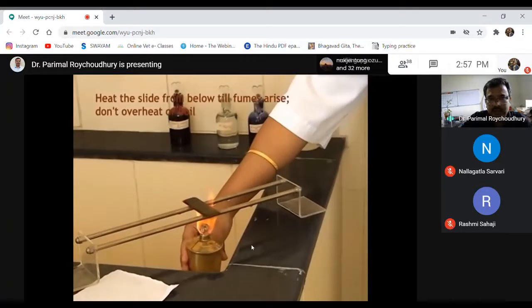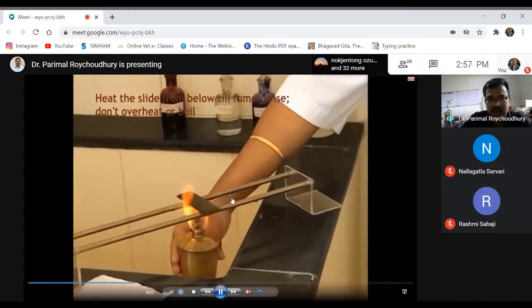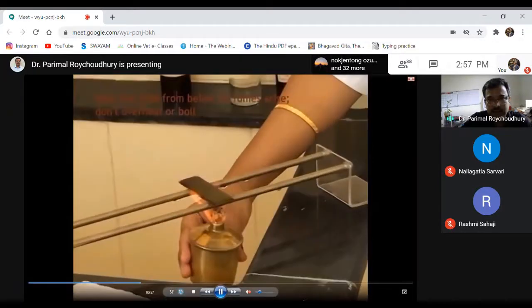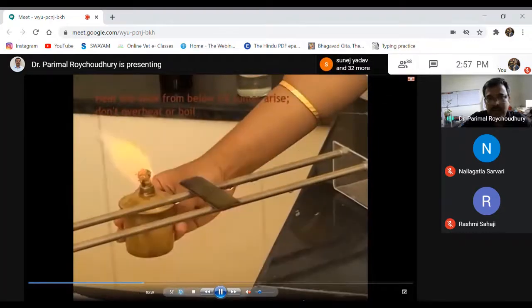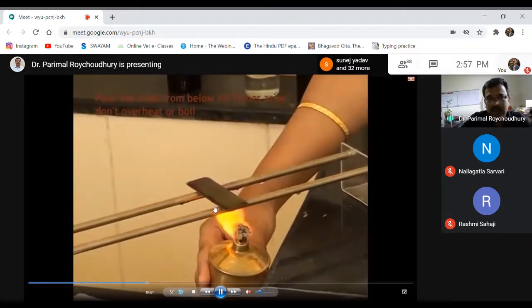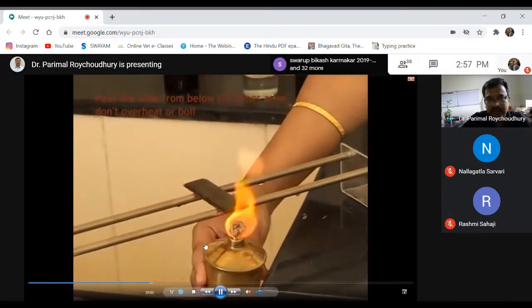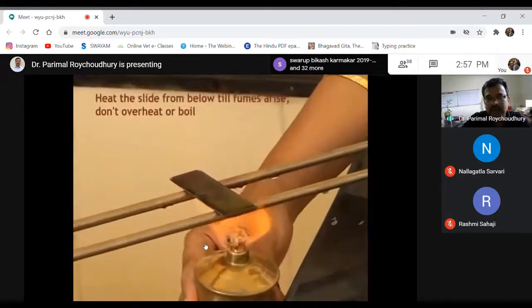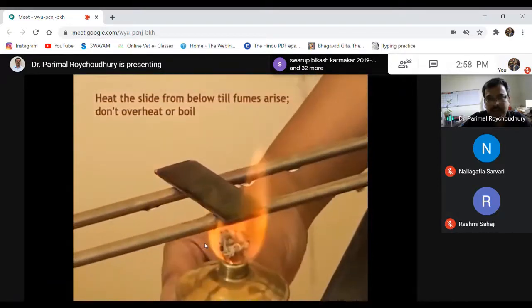This is a risky affair, and again, they are handling it without wearing any gloves. It's not recommended. So this shows how we can apply the heat, but I will show another video where I will show you the appropriate methods.